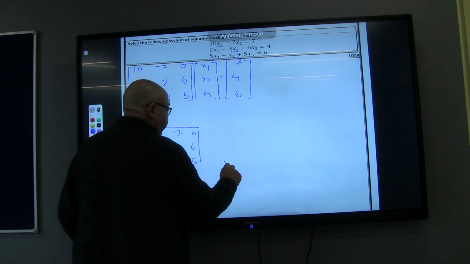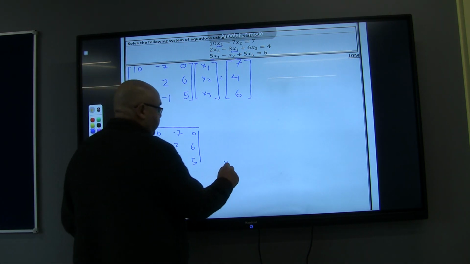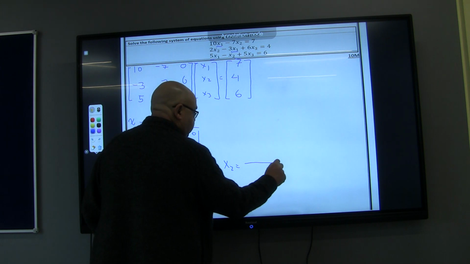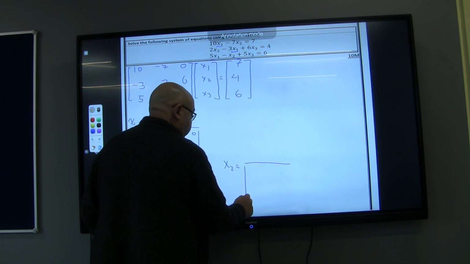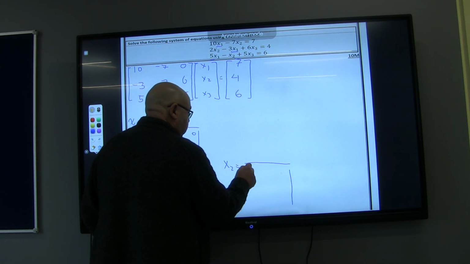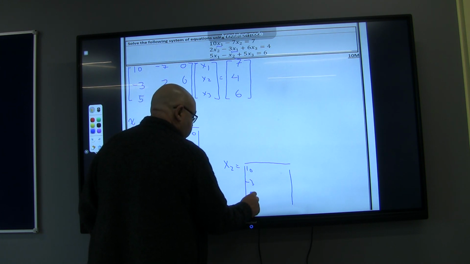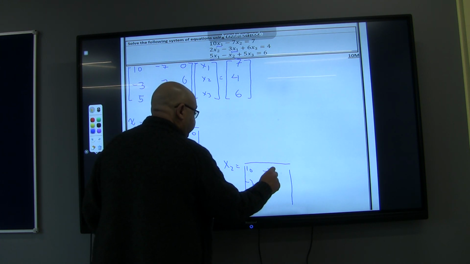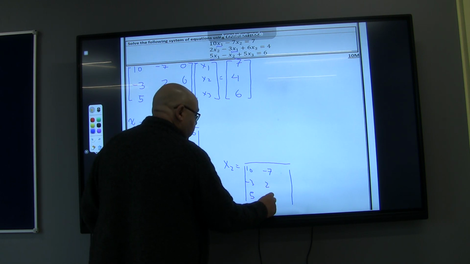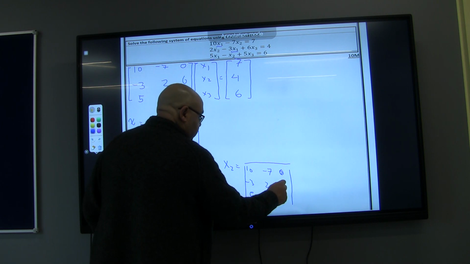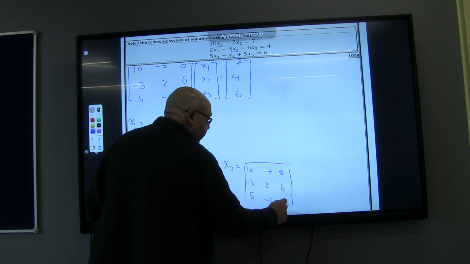In a similar manner for x2, the denominator will contain 10, negative 3, 5, then negative 7, 2, negative 1, then 0, 6, and 5.